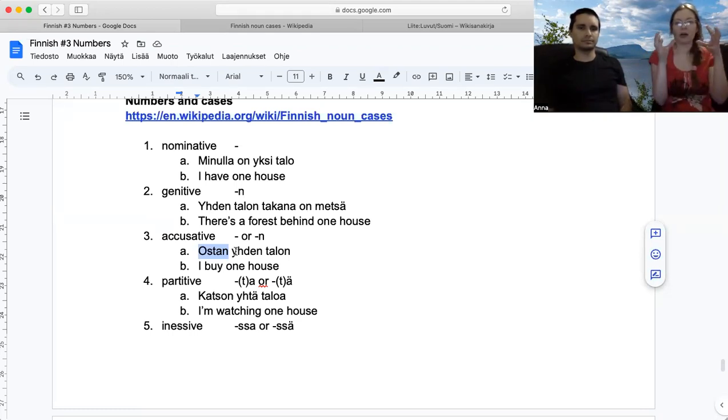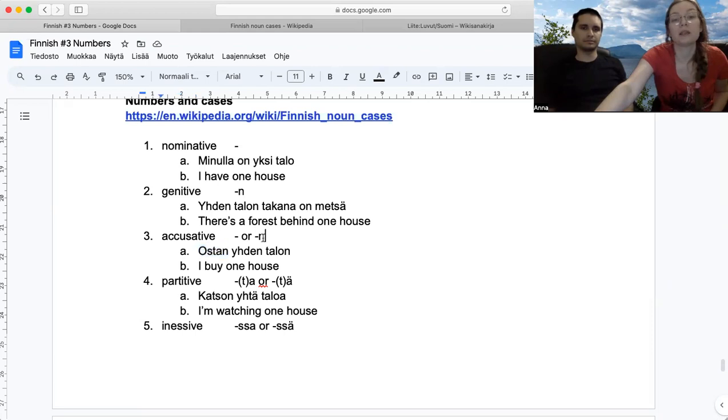I buy one house, you bought not a part of it, but the whole house, and we need an accusative. The accusative form always coincides with the genitive form, so you basically add an n ending. Yhden talon. So accusative coincides in form with the genitive.